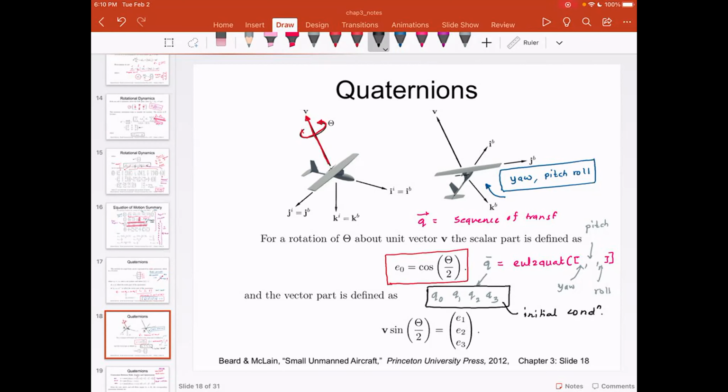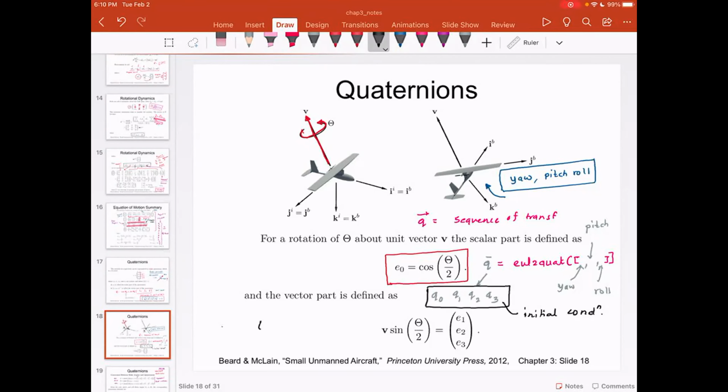But when we are going to perform the integration in quaternion, what we need to do is first convert that sequence of initial Euler angles to initial quaternion and then use this quaternion as an initial condition for the quaternion integration. So this is something important.